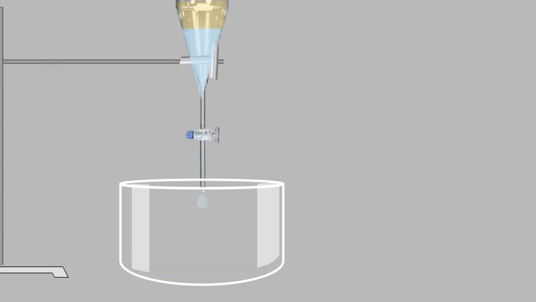Let's watch the simulation. The separating funnel is something like this. It has a control valve that one can open and close. This is the receptacle that can contain the mixture. If you have a mixture of oil and water inside here, the oil will always be on top while the water will be down, such that when we open this control valve, anything that comes out first has to be water.